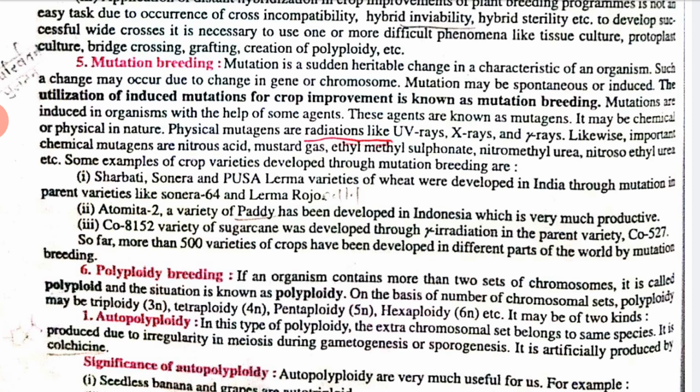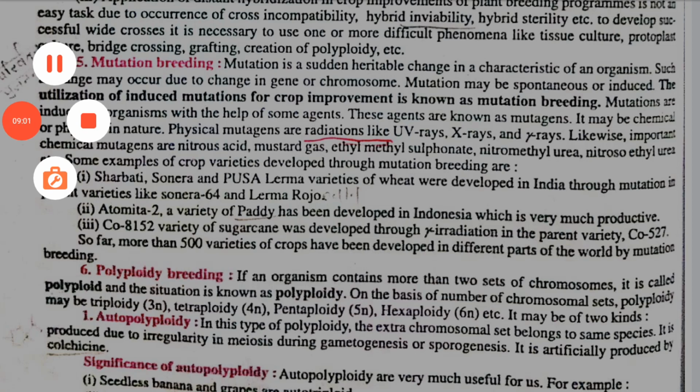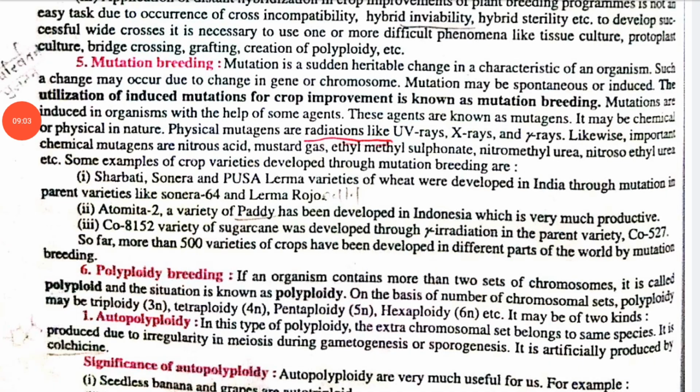It may be of two kinds, that is autopolyploidy and allopolyploidy. So what is auto and what is allo? In autopolyploidy, the extra chromosome sets belong to the same species. It is produced due to irregularity in meiosis during gametogenesis.